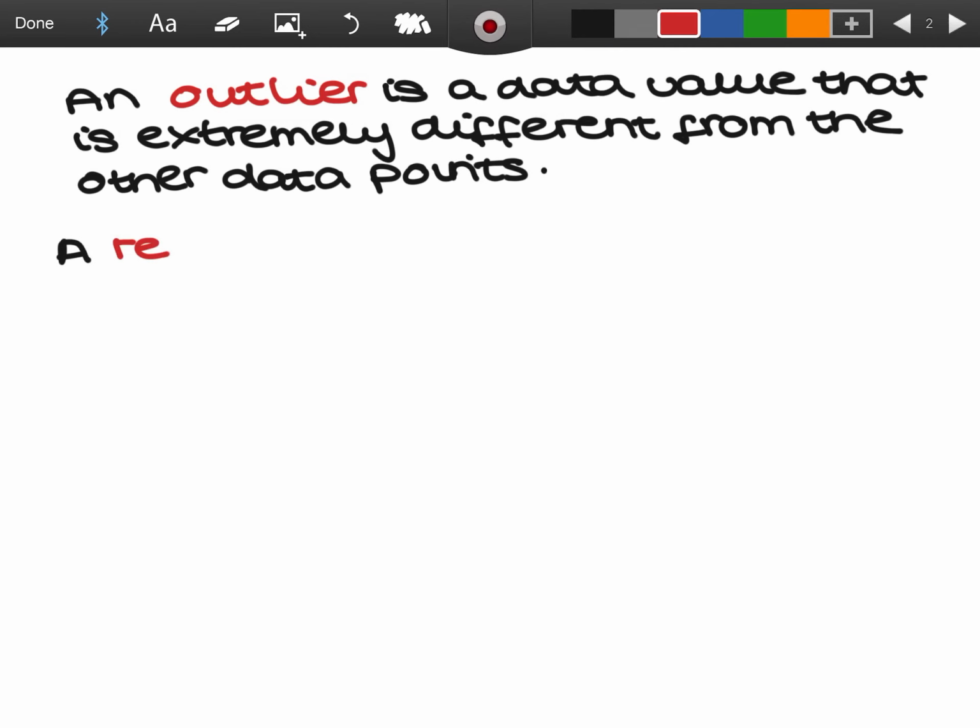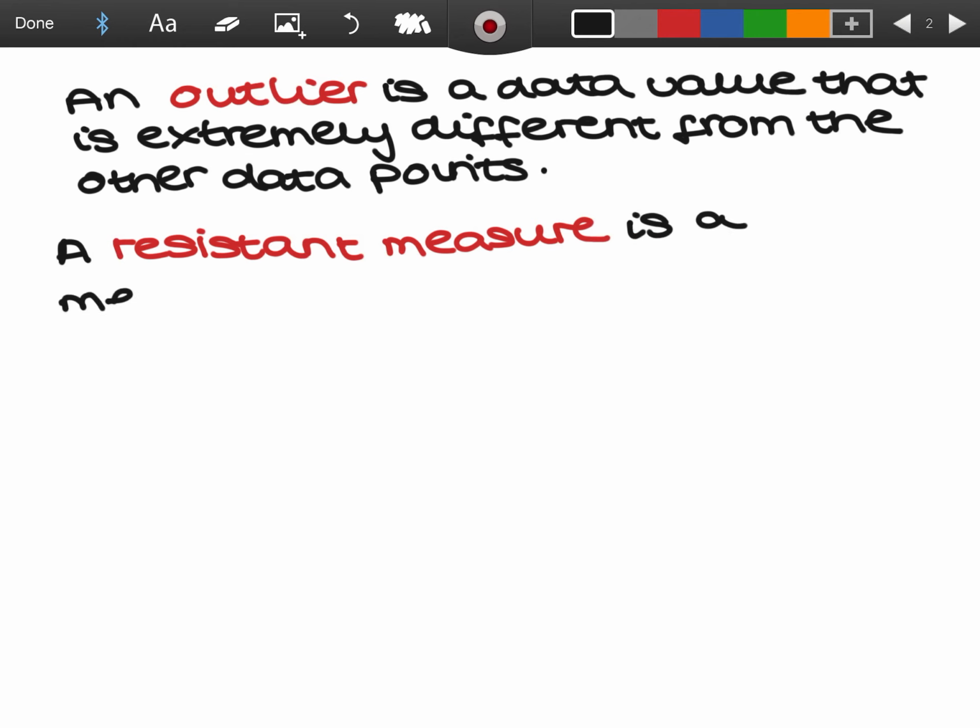So a resistant measure is a measurement or summary statistic that is not affected by an outlier.